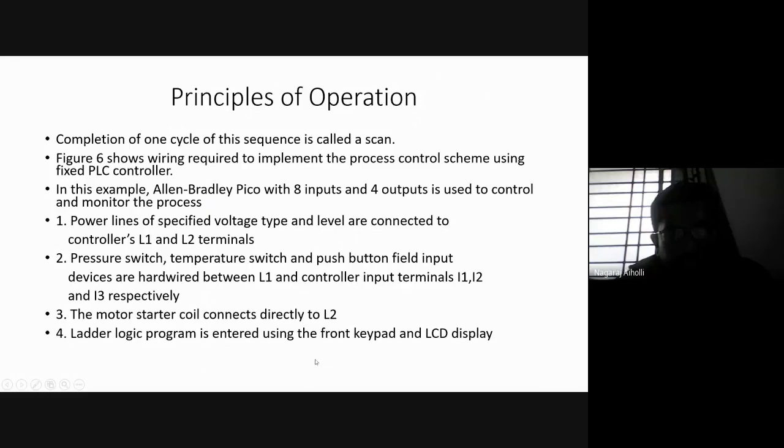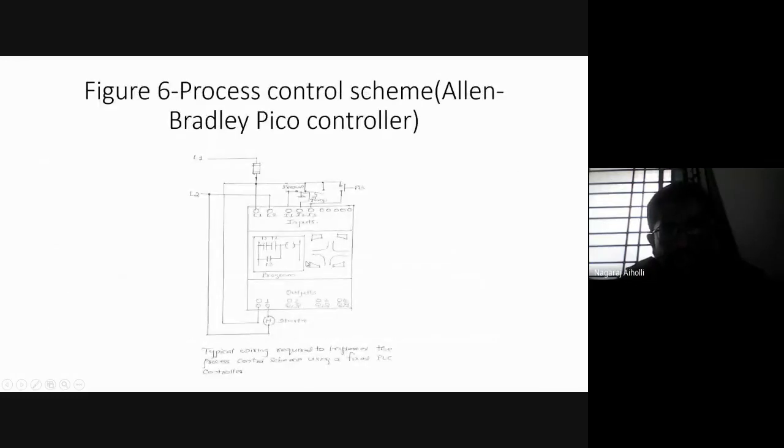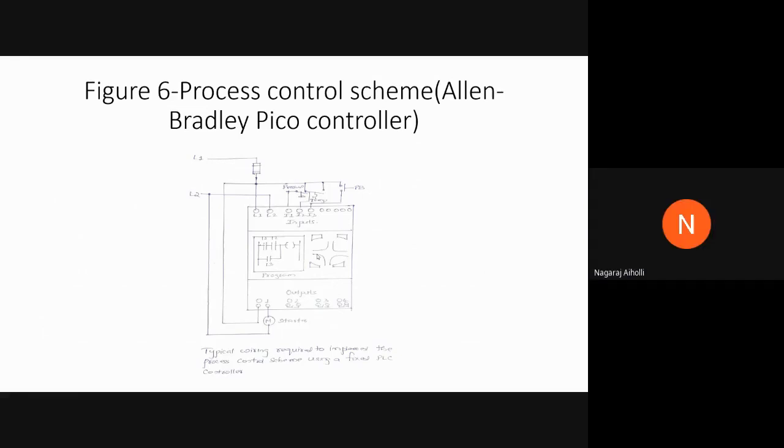How is the ladder program entered here? We are entering the ladder program using certain instructions that we'll see at the end of this section. There are various instructions, as there are instructions for writing a C program. When you write a C program, you use a for statement or a while loop, correct?